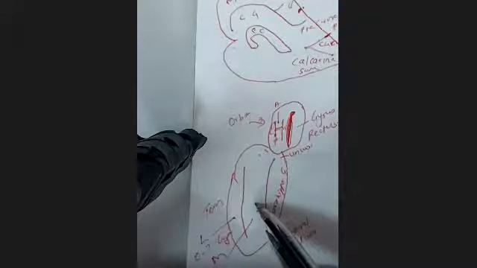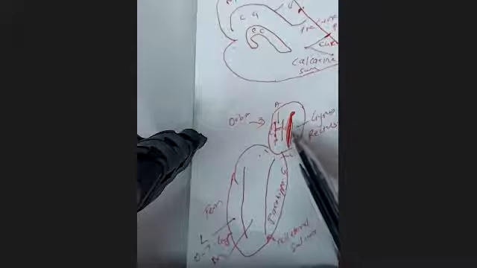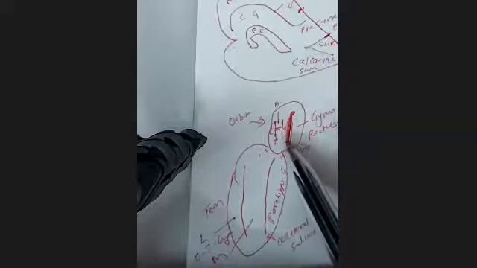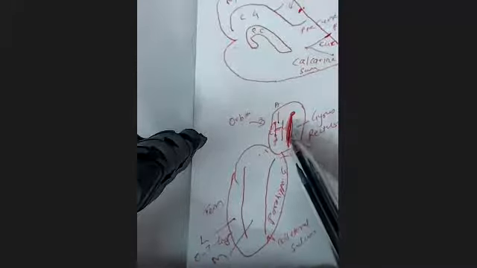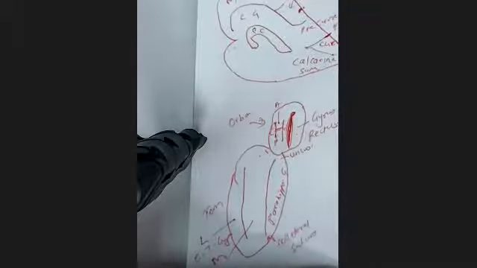Then there is orbital surface and temporal surface on the inferior aspect. In the orbital surface, there is olfactory tract, and medial to olfactory tract is gyrus rectus. Lateral to olfactory tract is H-shaped orbital sulcus, dividing it into 4 orbital gyri.